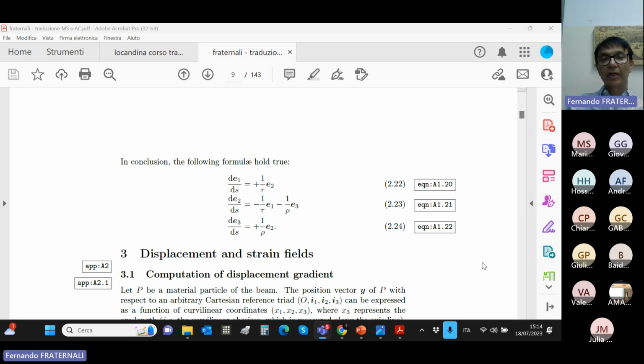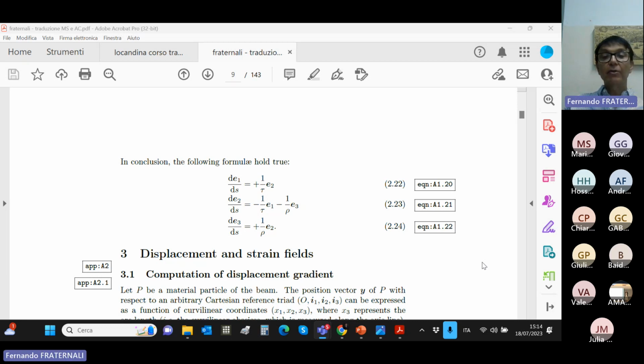So the derivative dE1 over ds is E2 divided by tau. Then, because the derivative of a unit vector is orthogonal to the vector, but it's not necessarily a unit vector, this is the case. The derivative of E1 over ds is not a unit vector, and so there is the scale factor 1 over tau appearing, and this 1 over tau is the torsion.